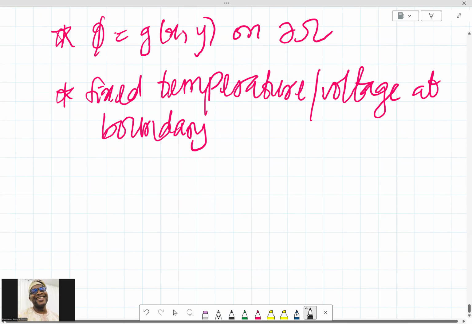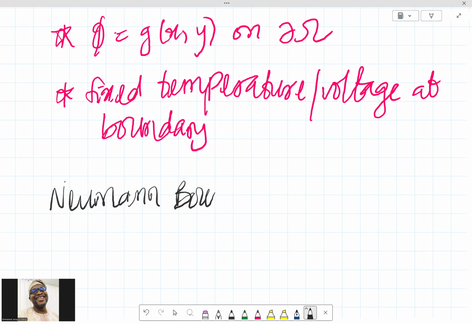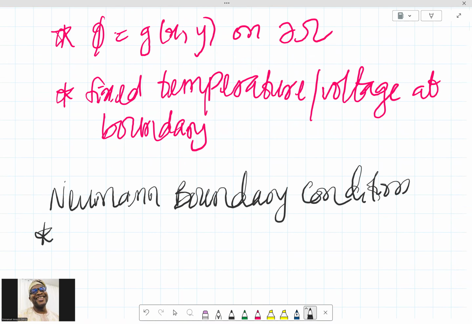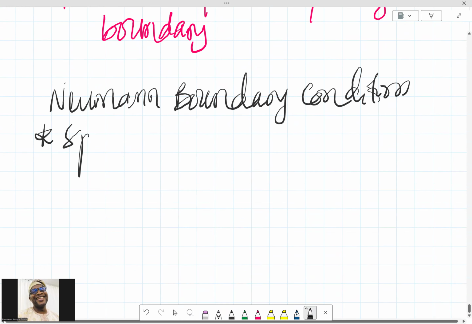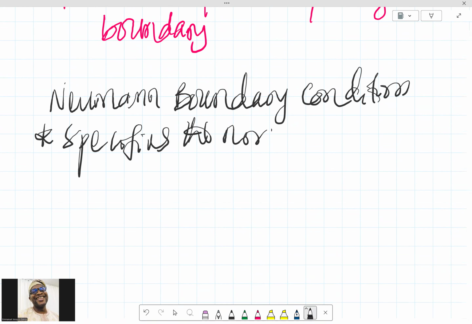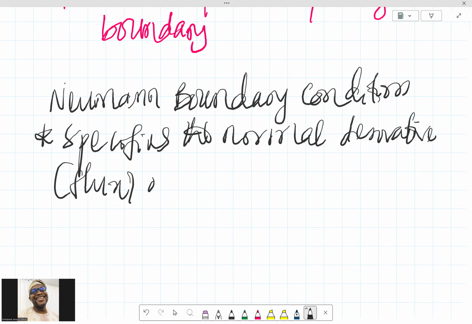Then we have Neumann boundary condition. Okay, so first of all, it specifies the normal derivative, which you can also call flux of phi at the boundary.